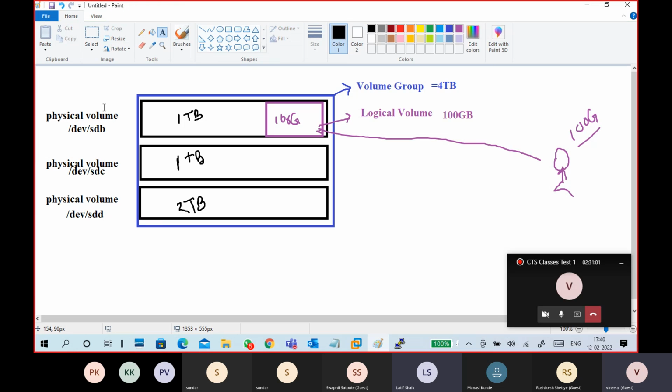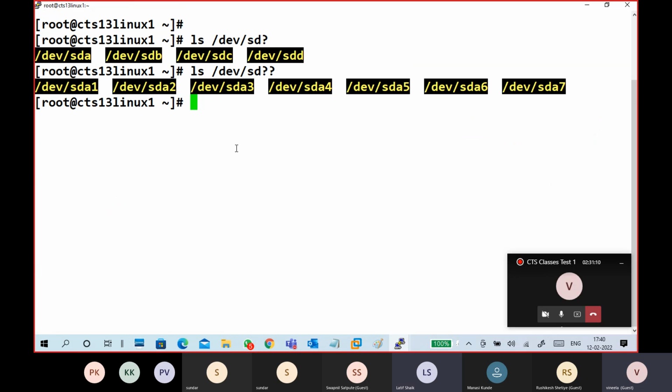I use only two, sdb and sdc. First, you should tell these two volumes that they are physical volumes. So first create the physical volumes.